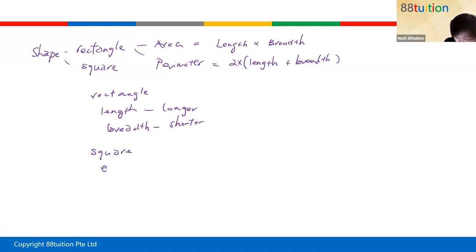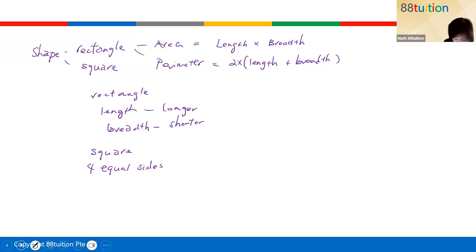A square has 4 equal sides. How many? 4. All right. So this is about all. And then if you are given area, you must know how to find the length. You must also know how to find the breadth. These are basic knowledge. The rest of the questions are more to application.